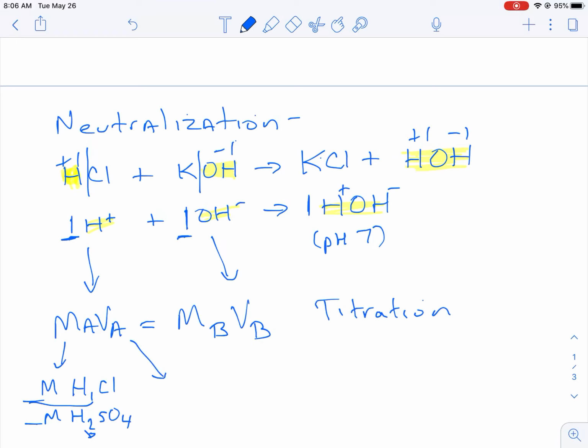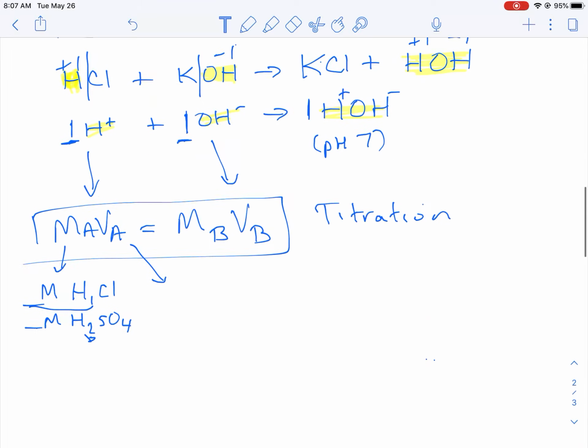Volume is whatever your milliliters or liters are. And that's really all you have to do, you're multiplying the variables in this titration equation, which is found on the back of our reference table. So that hopefully has given you a backdrop on how to use this type of formula.